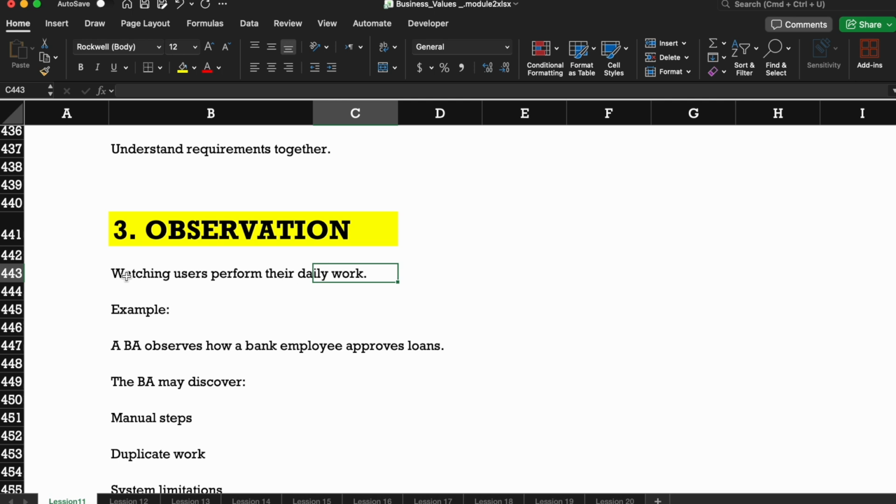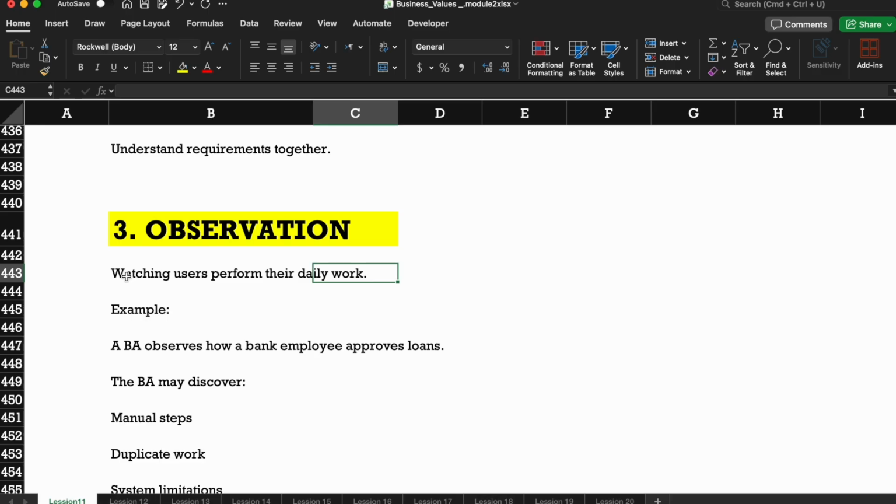Let's say you are building something for the customer care agent, I will be job shadowing, right? I'll be sitting with them and I'll watch how they receive the call, what they do on the computer screen, and what different scenarios and use cases they are handling. So I can see and I can take notes.